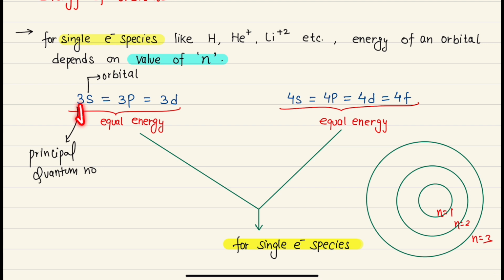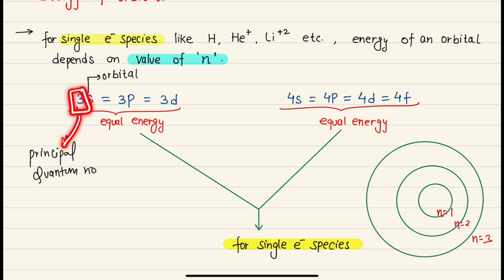The number before the letter means the principal quantum number. It means in which shell, in which energy level, this orbital is present.